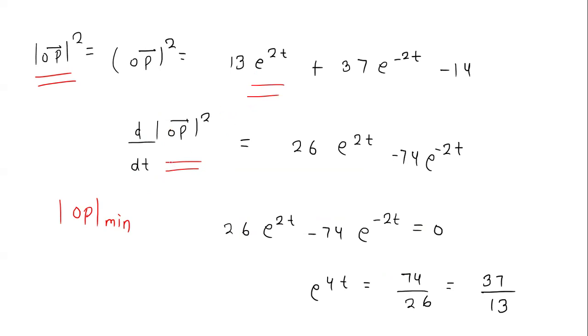So if you differentiate it with respect to t, you will get 13 as it is, e power 2t differentiation is e power 2t, and 2t differentiation is 2, and e power minus 2t as it is, this differentiation is minus 2, and 14 differentiation will become 0.